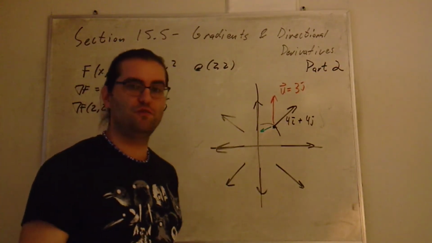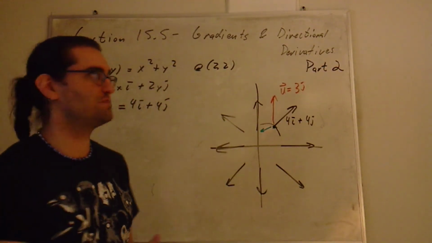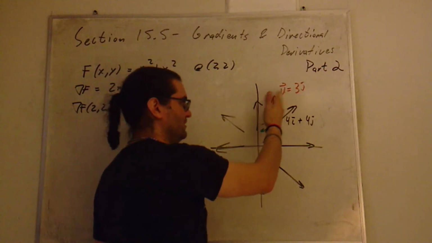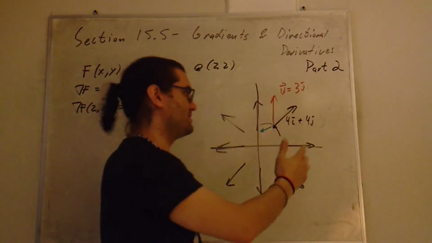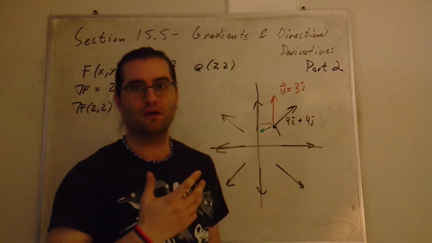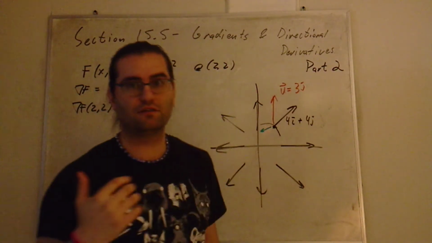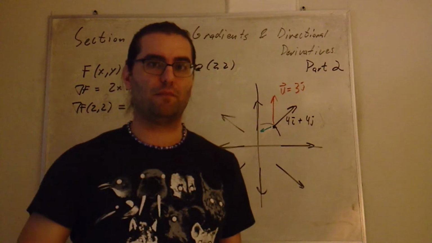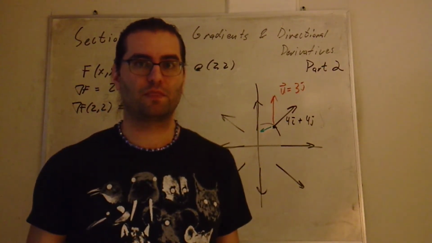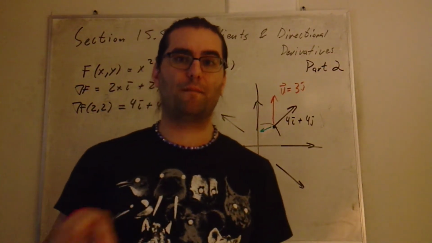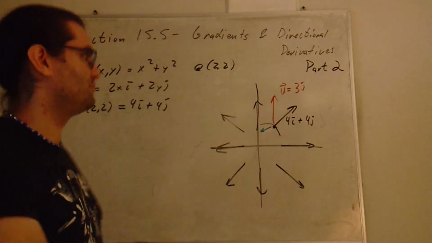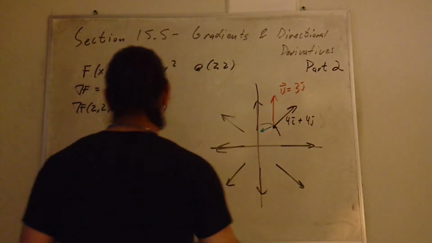I'm not actually moving that entire distance. I'm just pointing in this direction and trying to look at the steepness at this point. So the magnitude of your direction vector needs to not matter. And the way we make that magnitude not matter is we transform it into a unit vector.